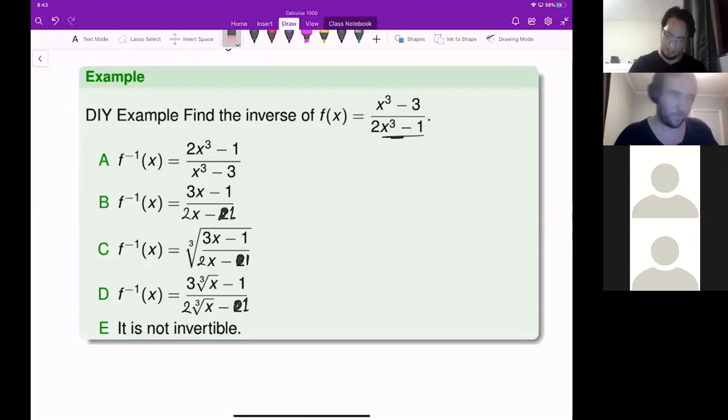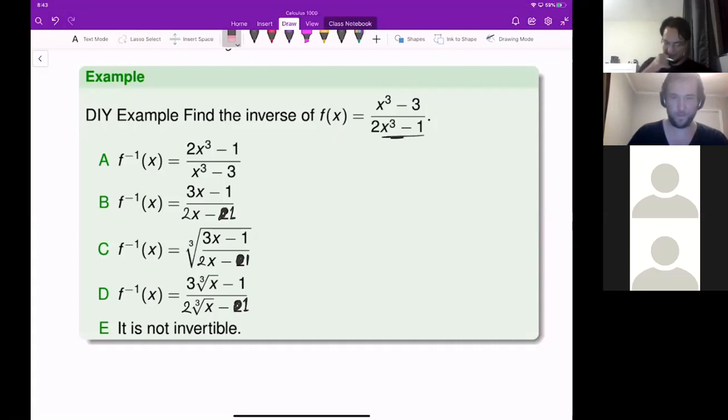No, x minus 3. Yes. Okay. So let me then solve it myself.